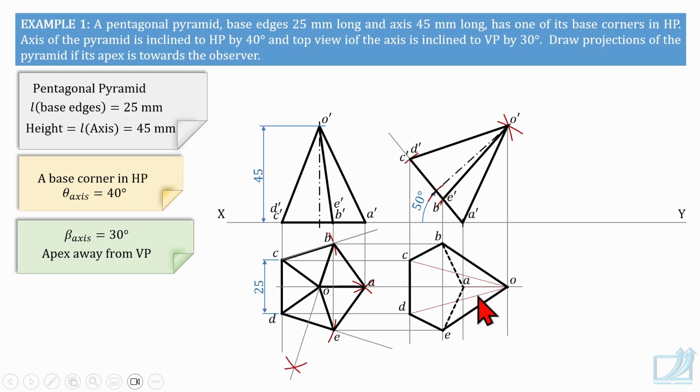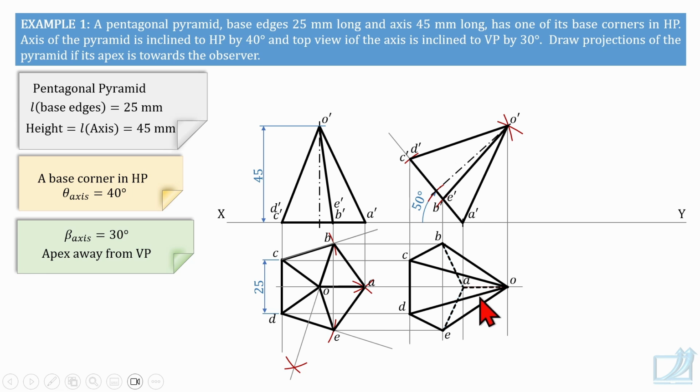These 3 face edges we have not yet made dark. Check here that when observer is observing the object from top, you will find that edges OC and OD are nearest to the observer, and therefore those 2 edges are visible. And edge OA is the lowest face edge, and that is hidden.